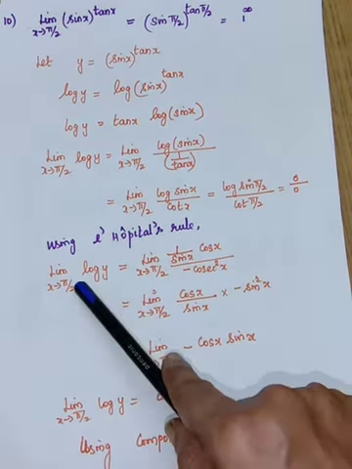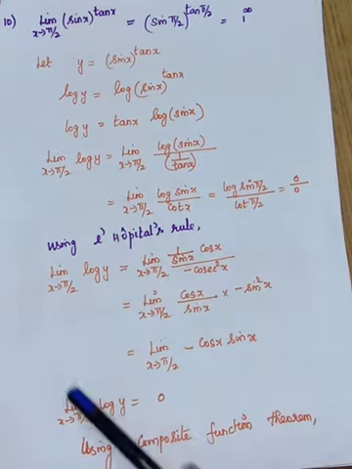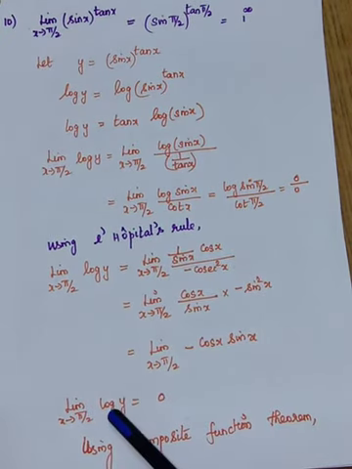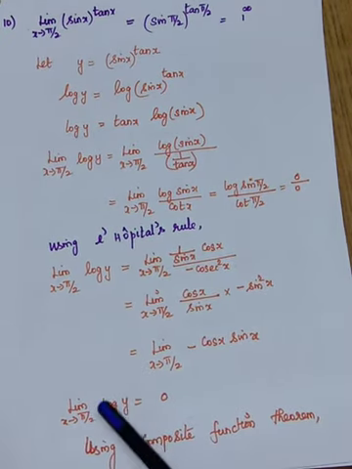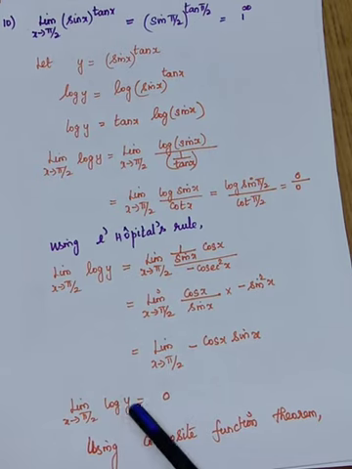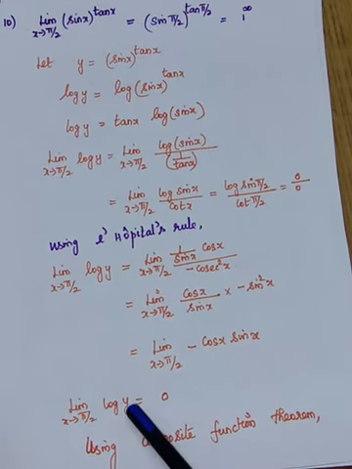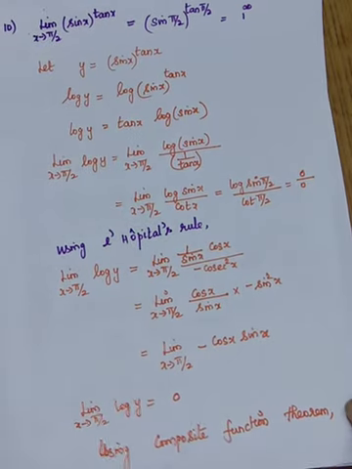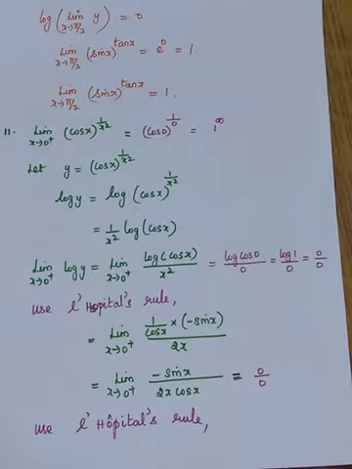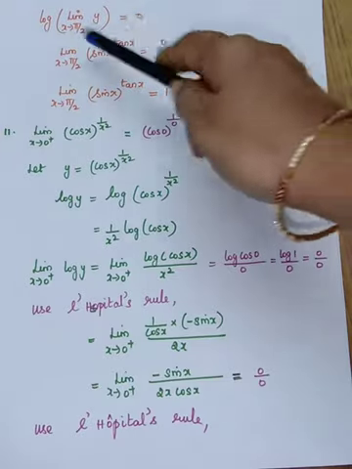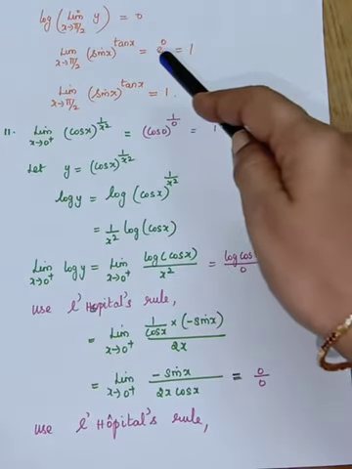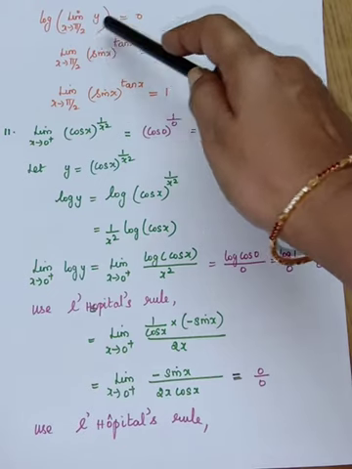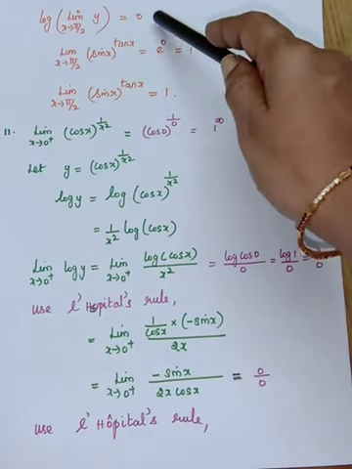You take the left side, what are you having here? So log and y, they are in the composition of function. So you have to use composition of function. So the log has to be taken out. So it is log of limit x tends to pi by 2 of y, that is equal to 0.